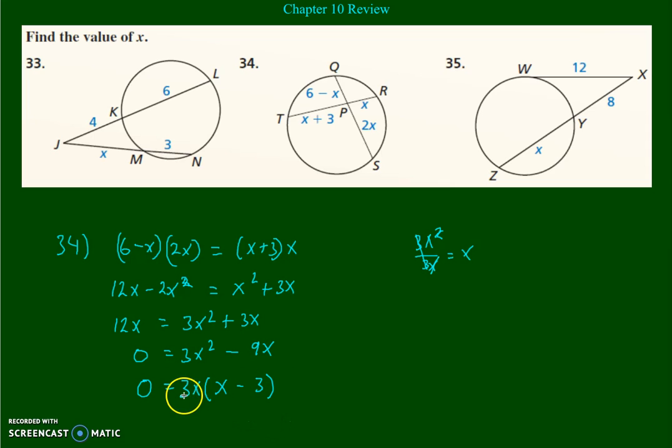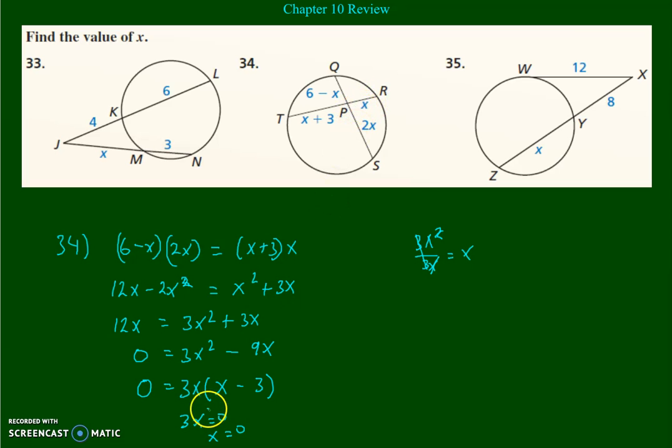So again, applying the zero product rule, if this times this equals 0, one of these two has to be 0. Assuming it's this one, if 3x equals 0, then x equals 0. That obviously can't be the answer because you can't have a side length of 0 length.